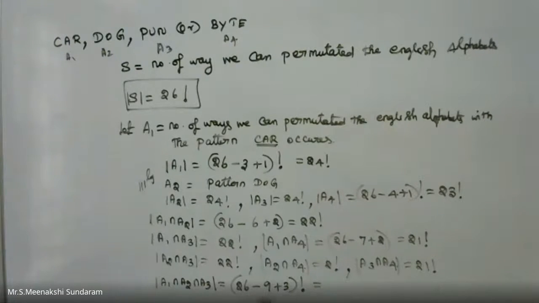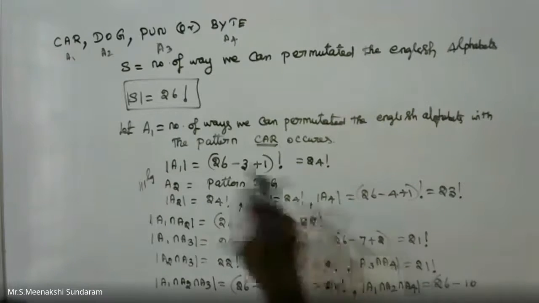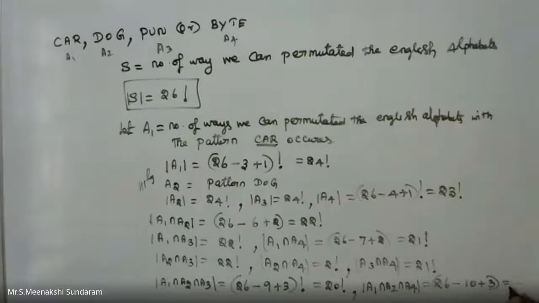So 20 factorial will come. Then A1 intersection A2 intersection A4: 26, the characters are 10, minus 10 plus 3, so 26 minus 7, 19 factorial.